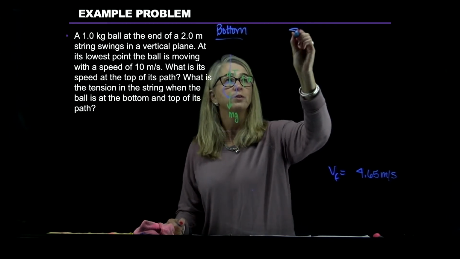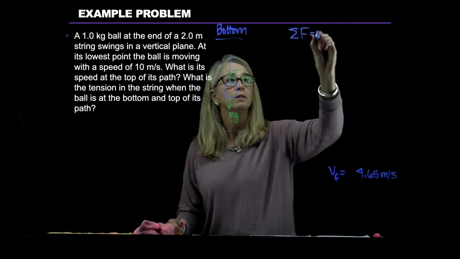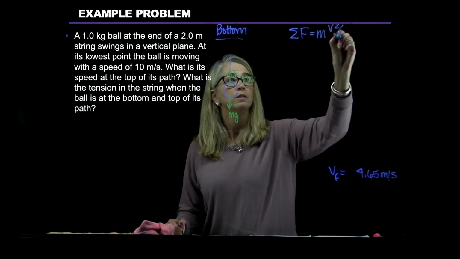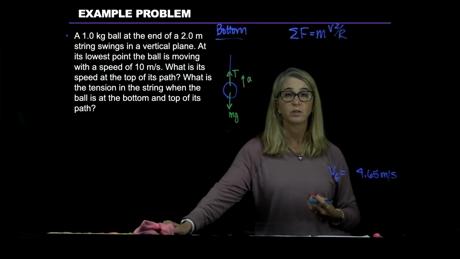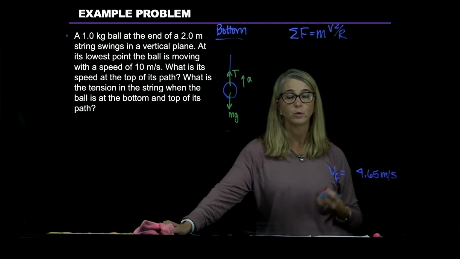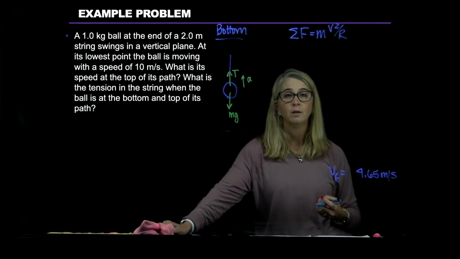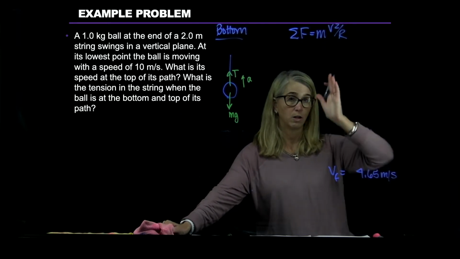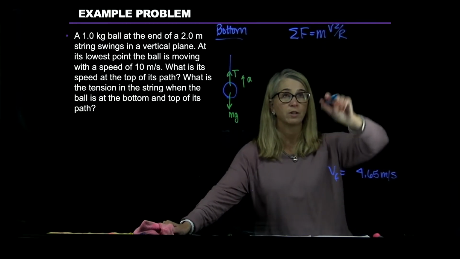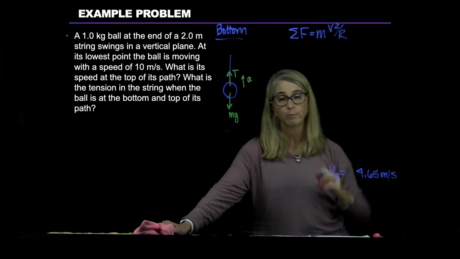So for forces, my acceleration I'm going to express as my centripetal acceleration. So we're using Newton's second law, but we're looking at the sum of the forces, but they're going to be along the radial direction because I'm looking at the centripetal acceleration.